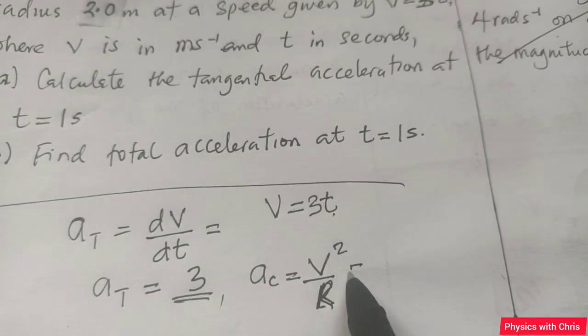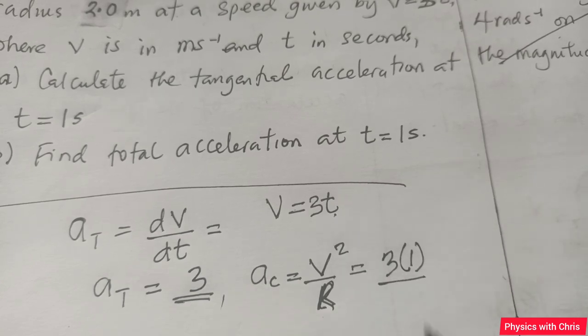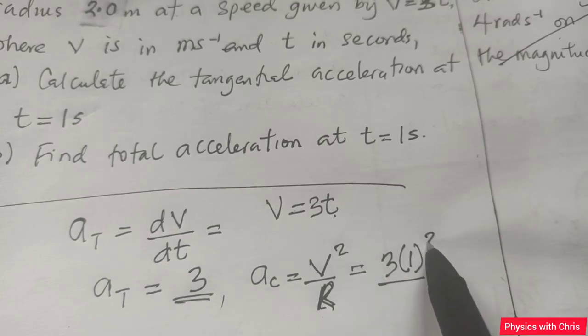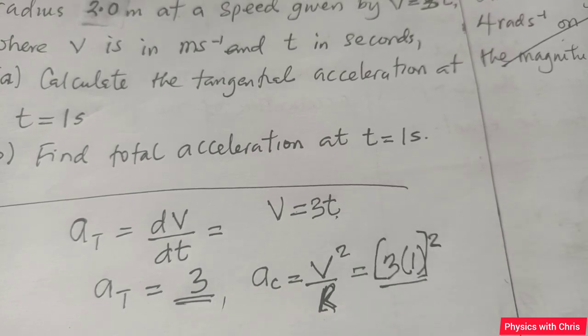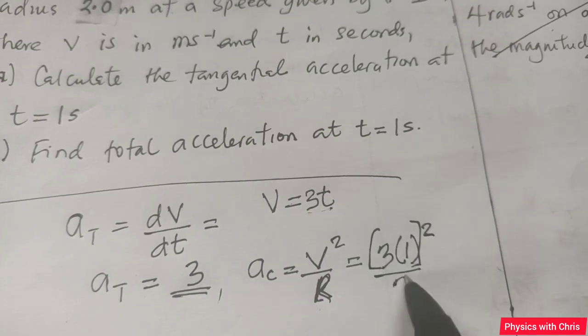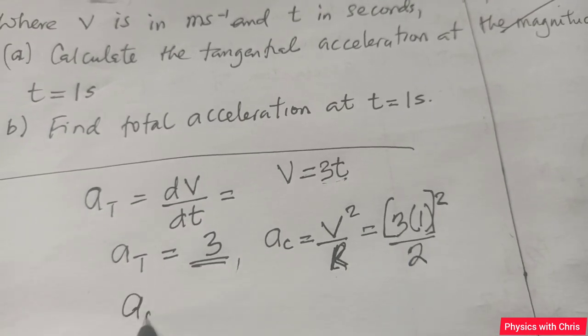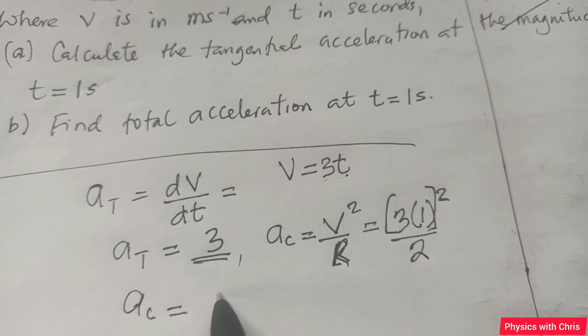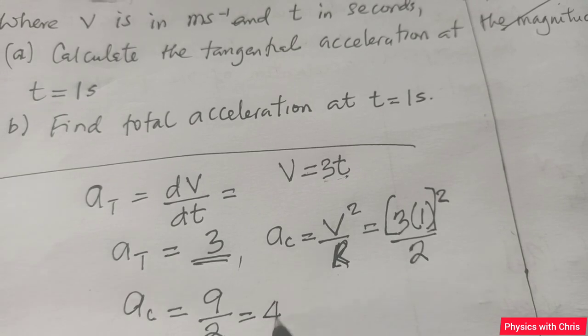That gives me v as 3 times 1, over the radius, and everything here will be squared, because v is 3t. The radius is 2 meters, it's already in a proper unit. So my centripetal acceleration will be given as 9 divided by 2, which gives me 4.5 meters per second squared. That is my centripetal acceleration.